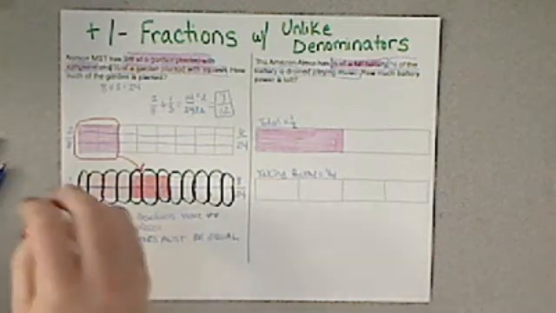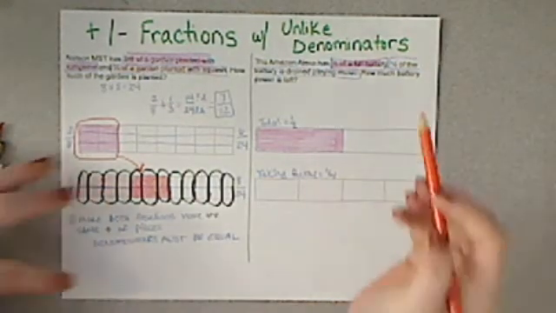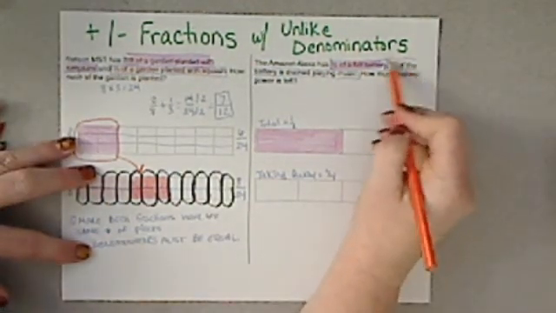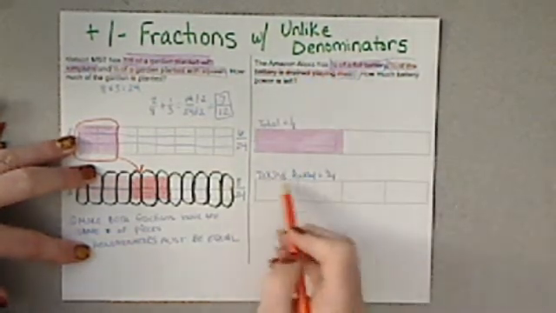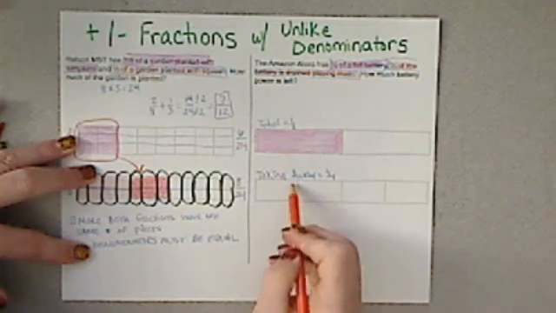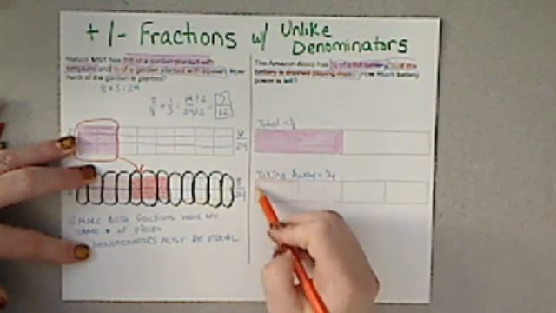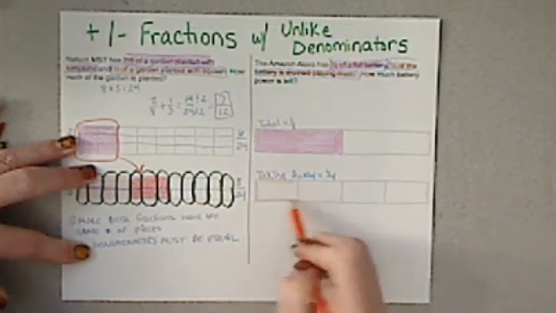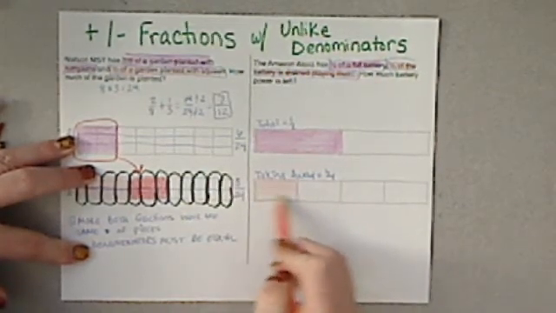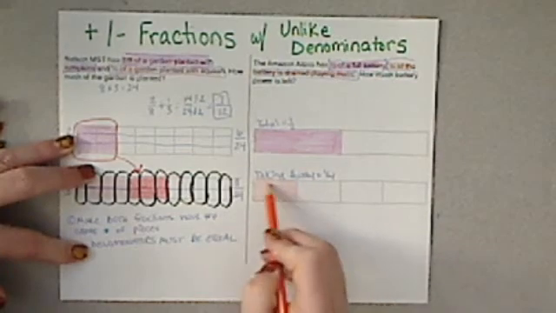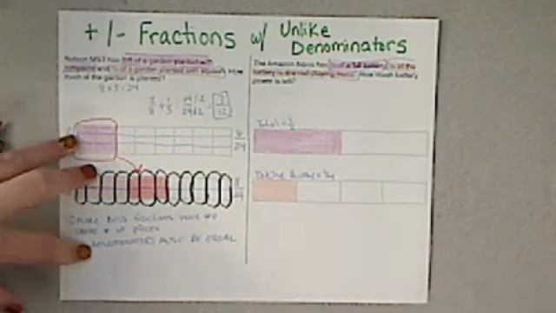And then my second fraction is the 1/4 of the battery that is drained. So that means 1 out of 4 pieces. So 1 piece out of 4. There we go.